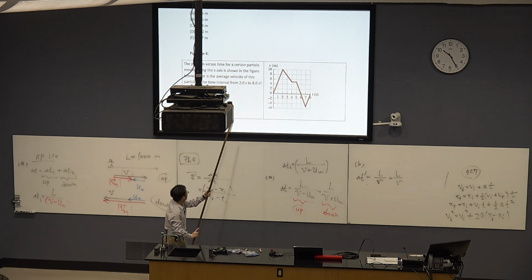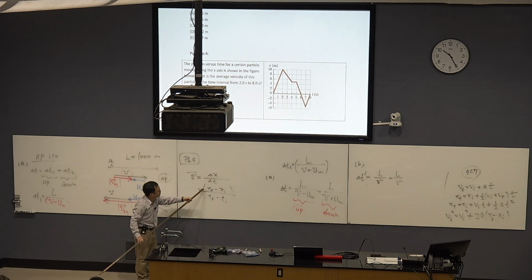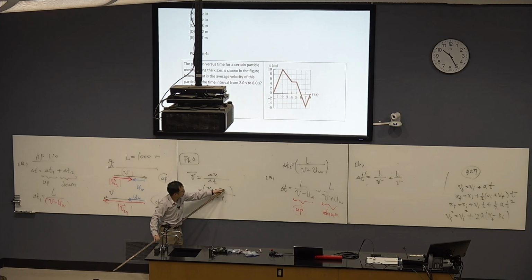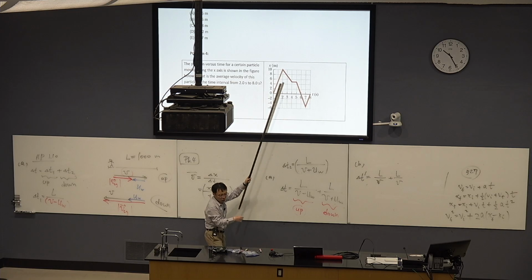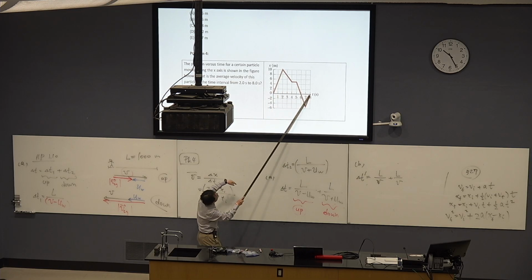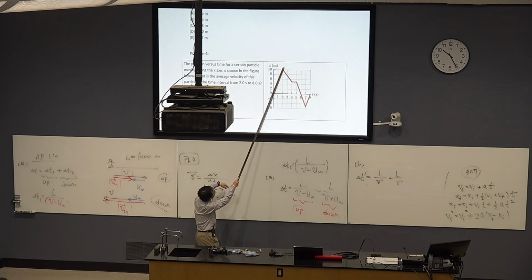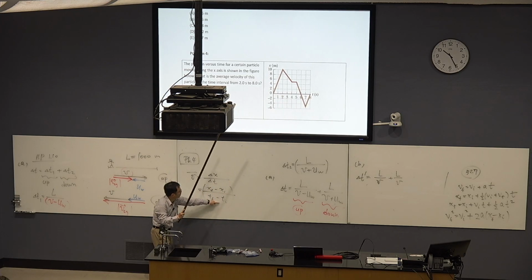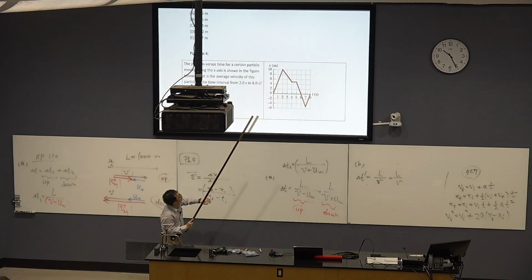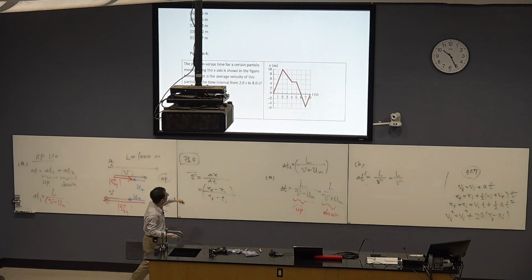So you should use final minus initial. At this point it's 0, and at this point you take this value here. You know how to compute this: 0 minus this value, divided by 8 minus 2, which is 6. Then you can finish the problem pretty easily. So that's problem 4.